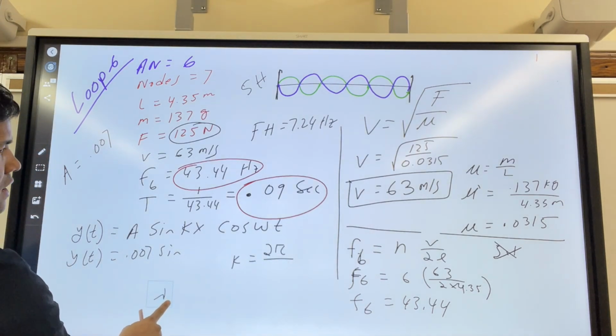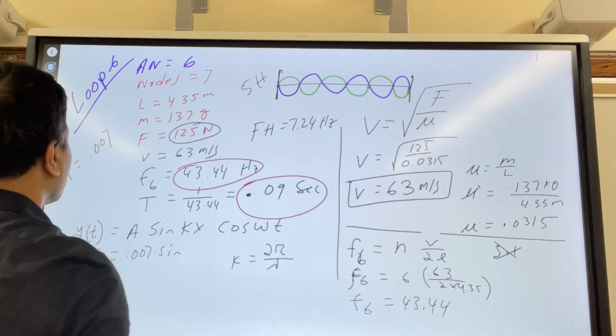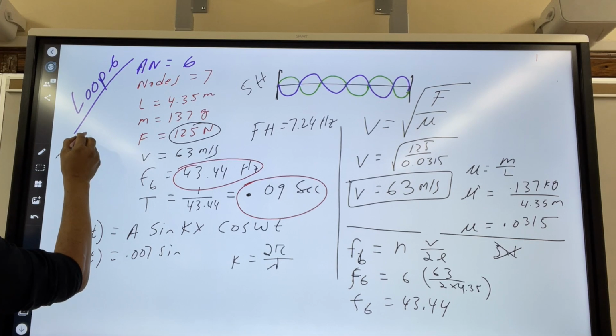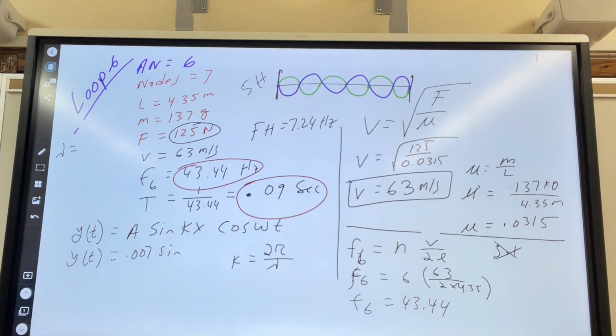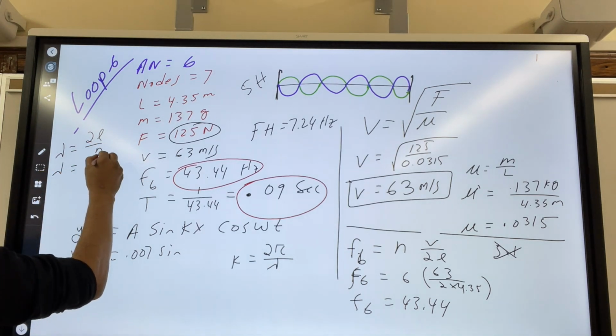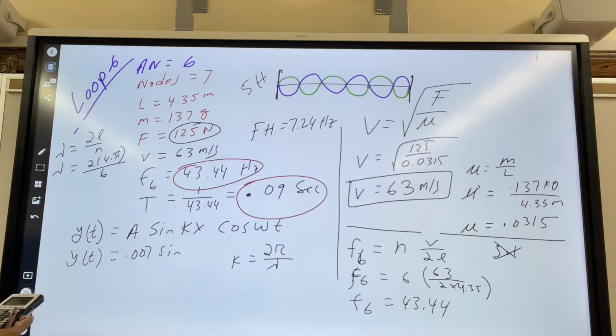We didn't find lambda. The lambda equation is 2l over n. So 2 times 4.35 divided by 6, and that is 1.45.